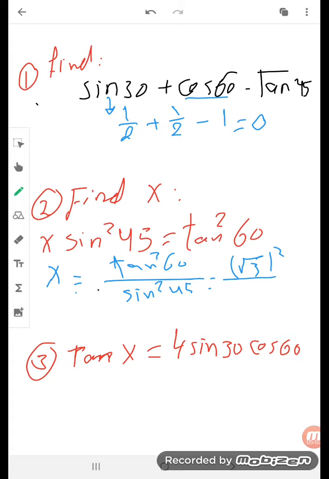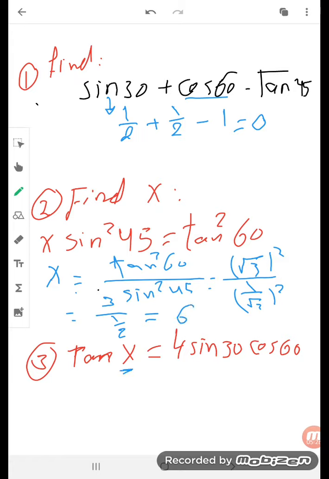Sine 45 equals 1 over square root 2, squared, equals 1 over 2. So 3 over 1 over 2, so the answer is 6.